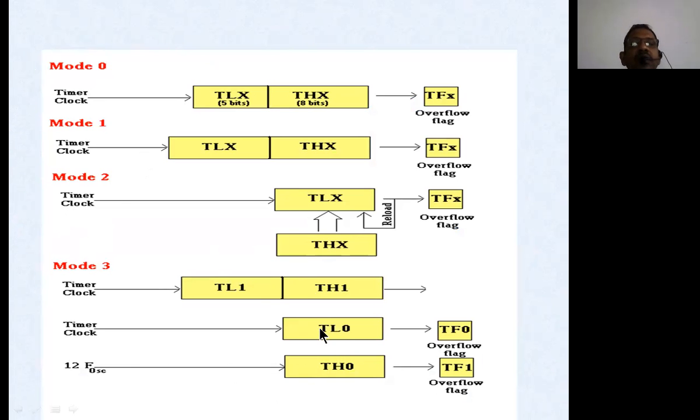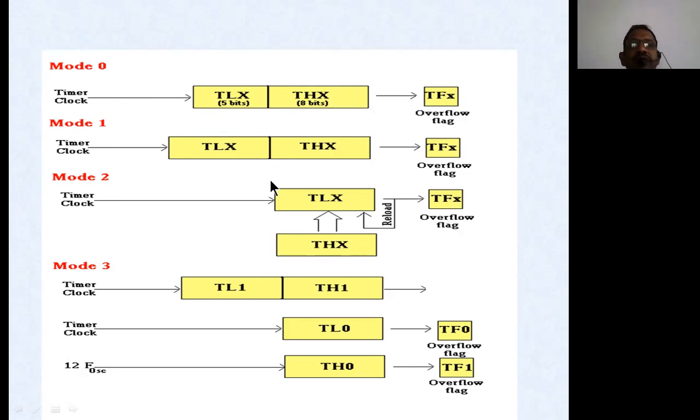Now what is important here is that in these timers, you should know these bit configurations. For the mode 0 timer clock, whether it is timer 0 or timer 1, in mode 0 configuration, it is divided into higher order 8 bits and 5 bits of lower order bits.